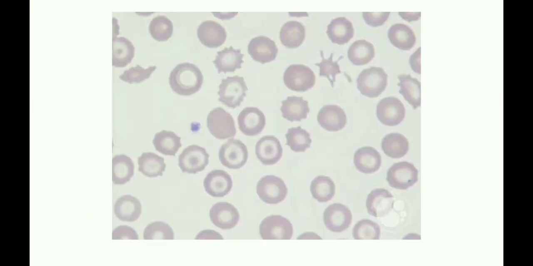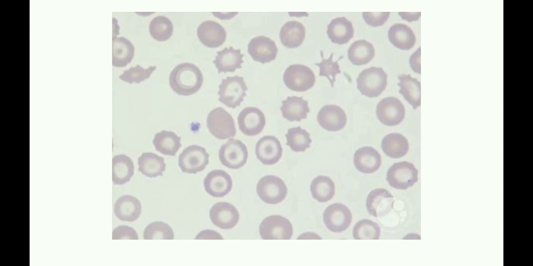When you look at this picture, the first one you are seeing is the chipmunk facies or thalassemic facies, and in the second one, the skull X-ray, you get a crew cut appearance, or we say hair on end appearance. In this picture you can see target cells. A target cell is a morphologically abnormal RBC.